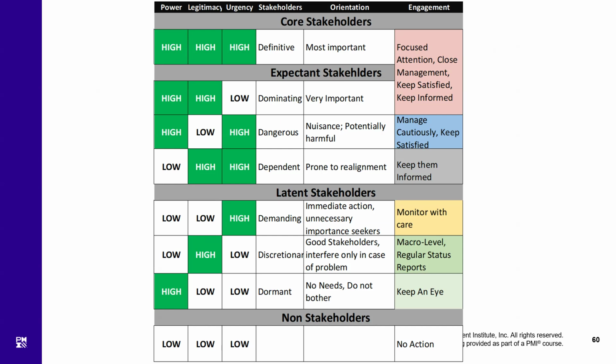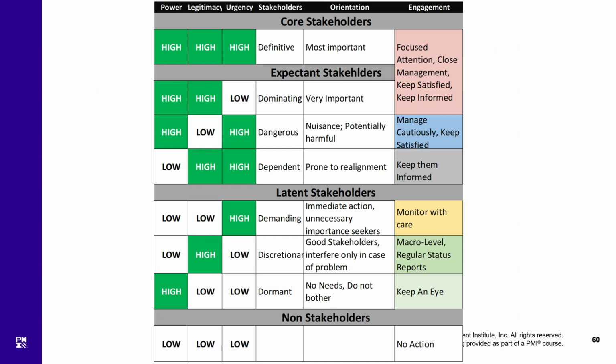But he doesn't have any urgency, right? So such a stakeholder would be a dominating decision maker from both points of view, from the management point of view and from the legitimacy point of view. But as such, they are not in a hurry. But they are very important stakeholders, and they have to be dealt with just like the definitive: focused attention, close management, keep them satisfied, and keep them informed.